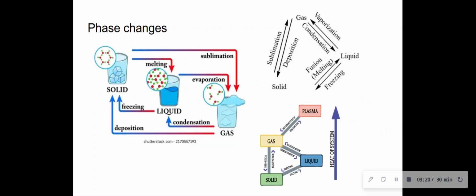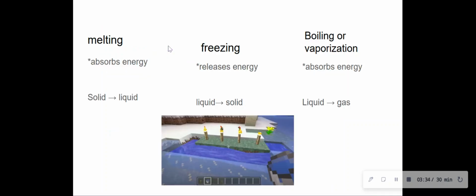So here we have the phase changes. You can see that we got solid, liquid, gas. First we'll start with melting. Melting is going from a solid to a liquid. And in order to get from the solid to the liquid, the substance would have to absorb energy, meaning take in heat.